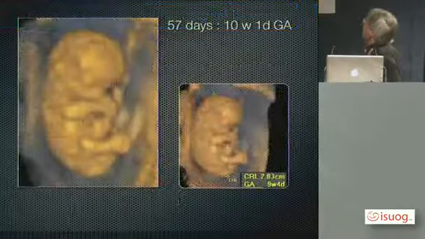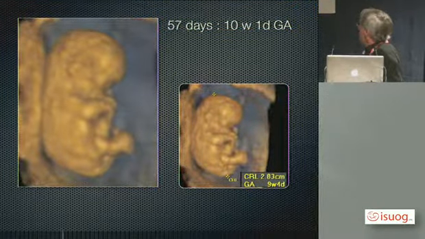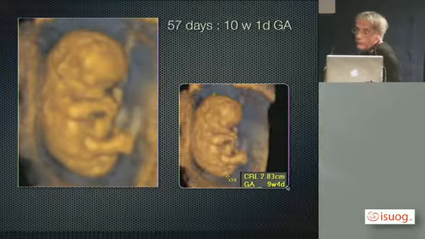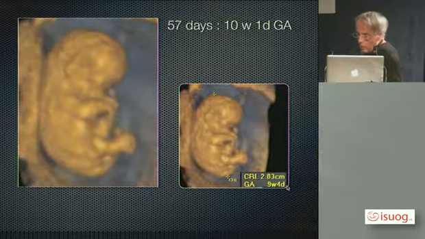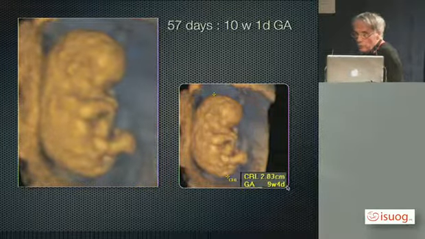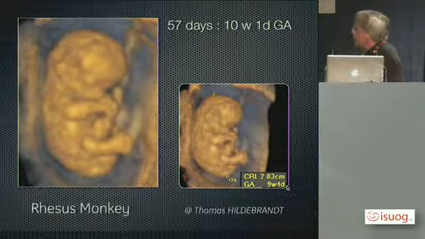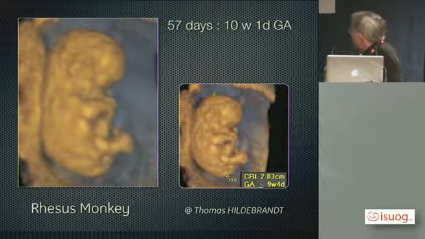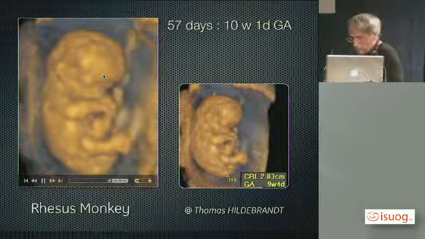This one was at 10 weeks and 1 day, and it was a little bit too small because it's 9 weeks and 4 days. What was the problem? But it was no problem. It was only because you have to use the correct growth chart, because it was a rhesus monkey, and it was not in the system. This is for humans. And the size of the embryo is normal for this rhesus monkey.